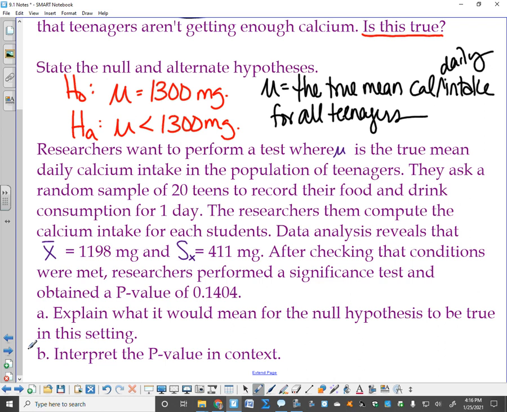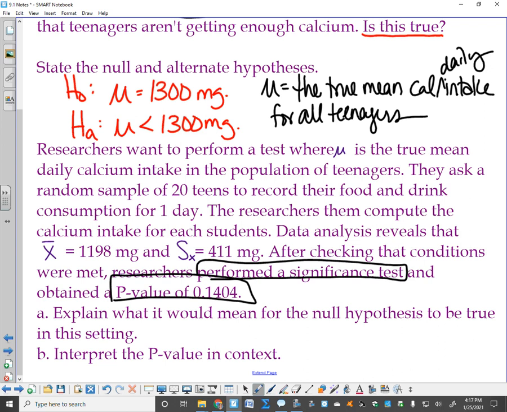That's a very large standard deviation for a mean of just over 1,000. After checking that conditions were met, independent, random, normal, researchers performed a significant test. Okay, so this is the part you're going to learn in 8.2 and 8.3. So they've already done it, and shazam, there's your p-value. It has been placed in your lap.